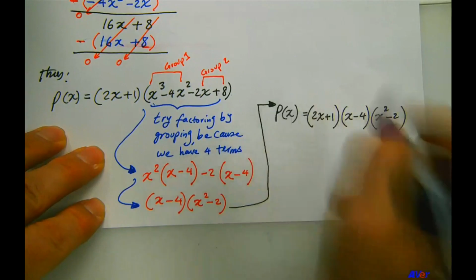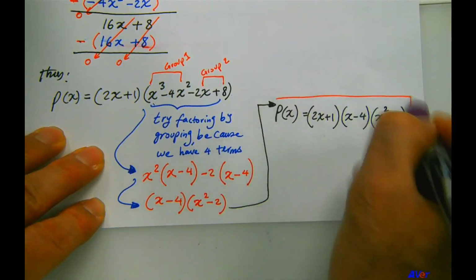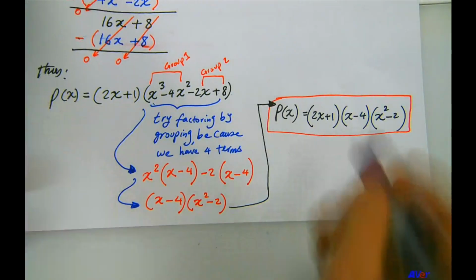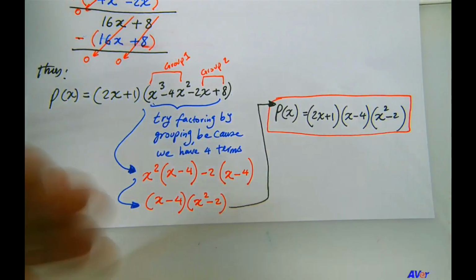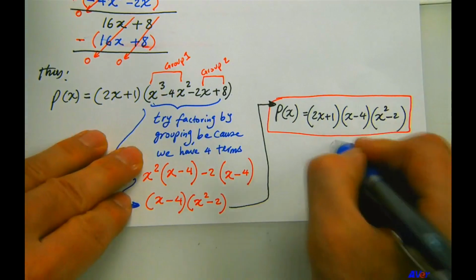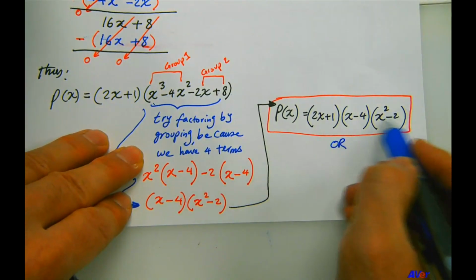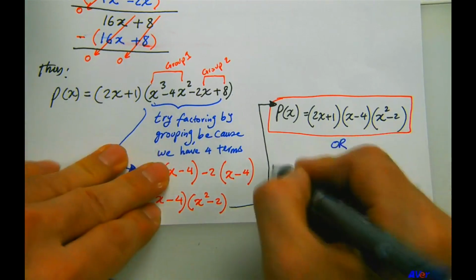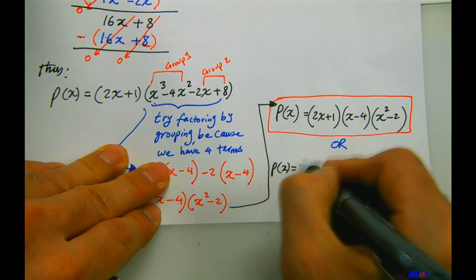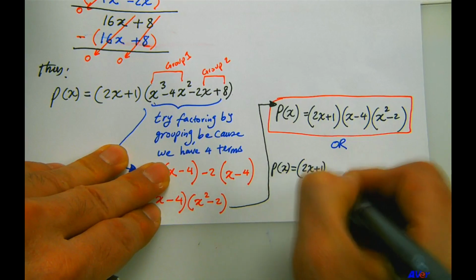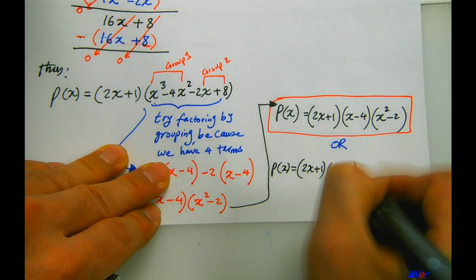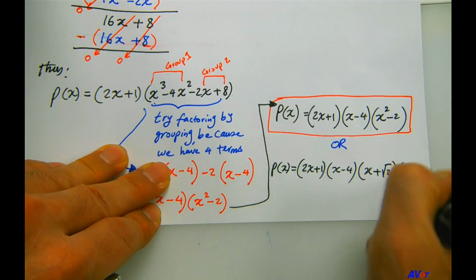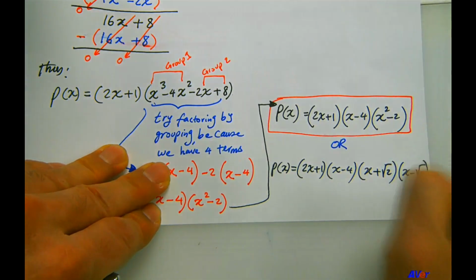You could do that. I personally would stop there, but if you want, you can factorize that even more using the special product formulas. So you could say the polynomial is equal to 2x plus 1 times x minus 4 times x plus square root of 2 times x minus square root of 2.